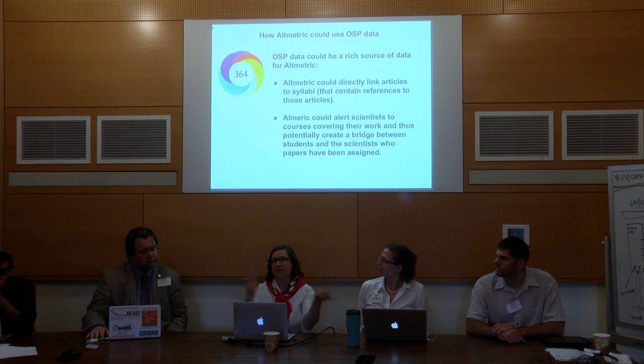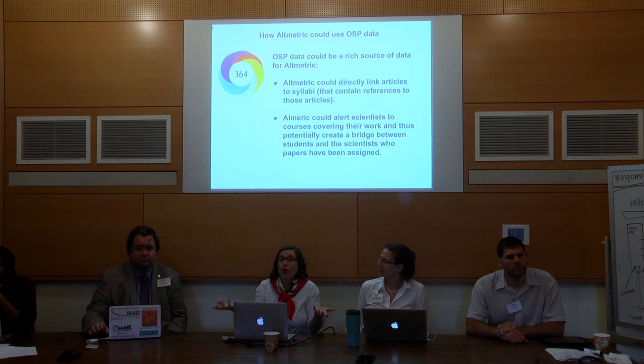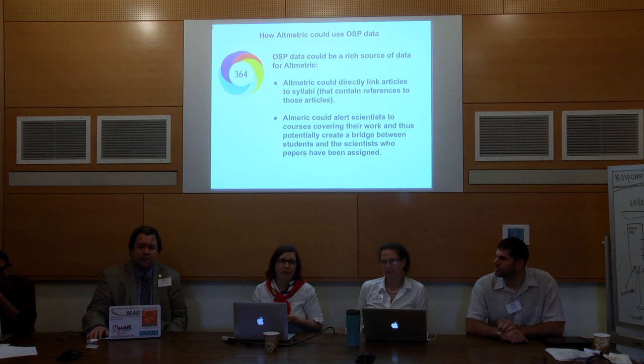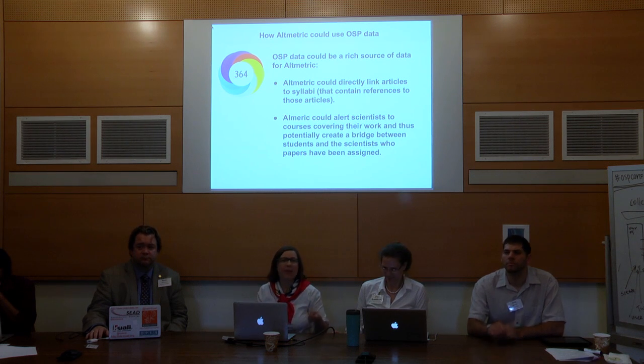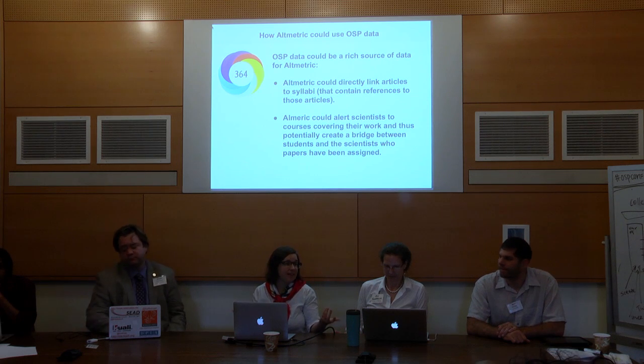And as I mentioned before, it could potentially enable researchers to discover who is using their material in their courses. Researchers otherwise would have no idea that somebody halfway across the country is using their Nature Reviews paper as an introduction to what canonical HeLa cell, cell biology is like, right? So Altmetric would enable that.